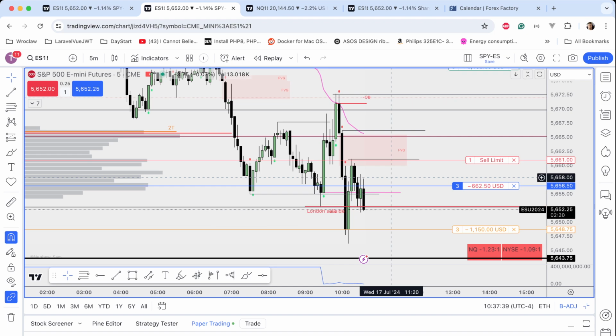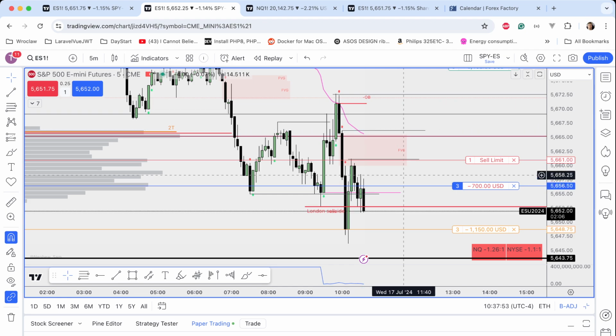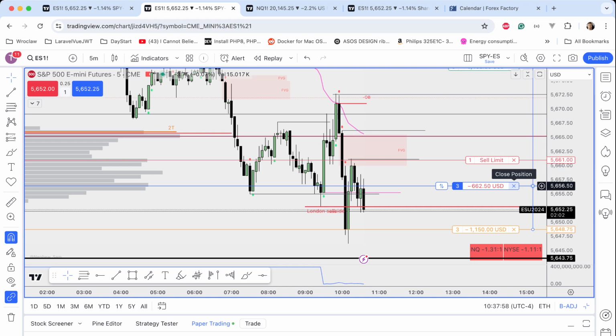It's not doing what it's supposed to do, my friend. This thing is not doing what it's supposed to do. It should be already pushing here. Yeah, I should be pushing up there. How to close that? Just close and take this loss.